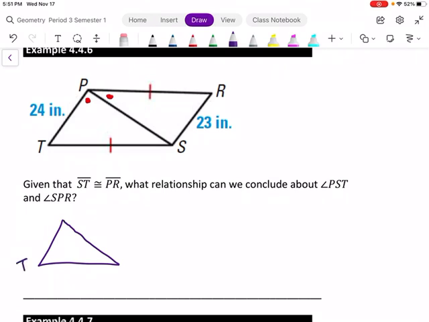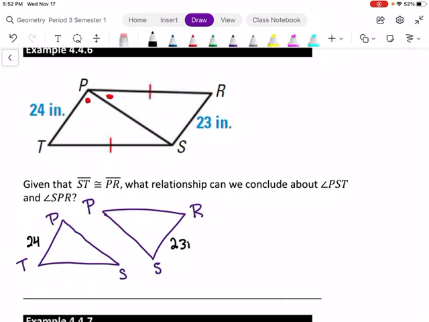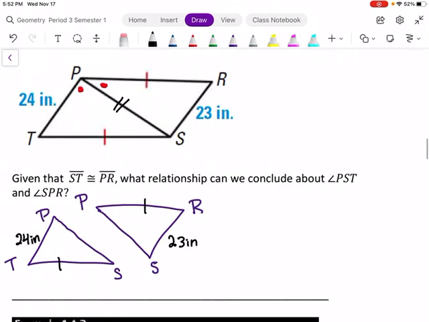So we have TPS for the first triangle, and the second triangle is PRS. We know this side is 24 inches and this side is 23 inches. And this side is congruent to that side. And then we want to go ahead and mark any other information we know. We know that these two are congruent through the reflexive property, so we can go ahead and mark that.